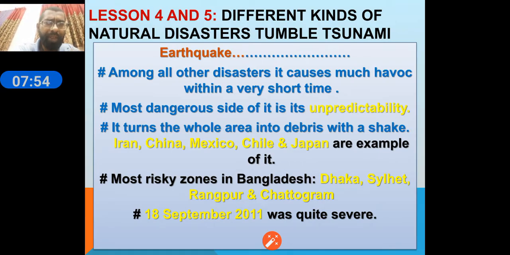What is the result of earthquake? It creates huge damage to society and the environment, houses, our economic activities and communication. And within a few seconds, it can completely destroy a society or an area where it strikes.